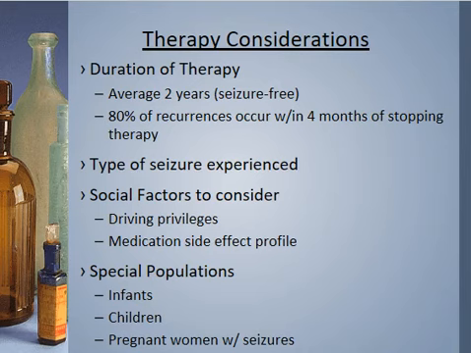Other things to consider is the type of seizure. Obviously, certain drugs are indicated for certain seizures. There's social factors to consider. Many of these drugs are sedation provoking, and if the patient had a seizure, they're going to have driving privileges revoked. The medication side effect profile, some of these drugs, again, are quite nasty.